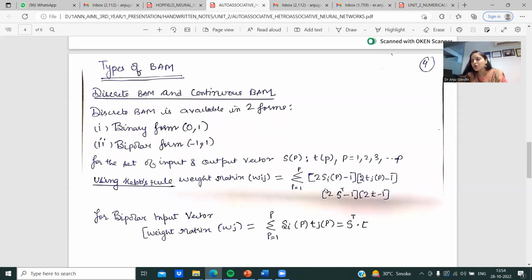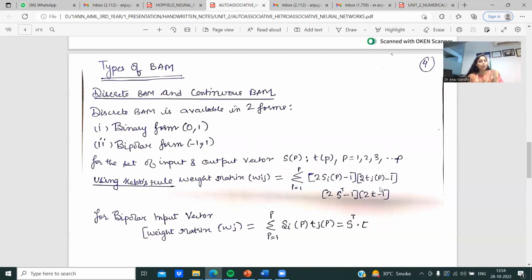It will be the summation of the product of the transpose of the source patterns, (2s - 1), and the target patterns, (2t - 1). From where this formula comes and how it is derived, we can discuss later. For now, you just need to know that this is the way we calculate the weight matrix using Hebb's rule in the case of BAM.